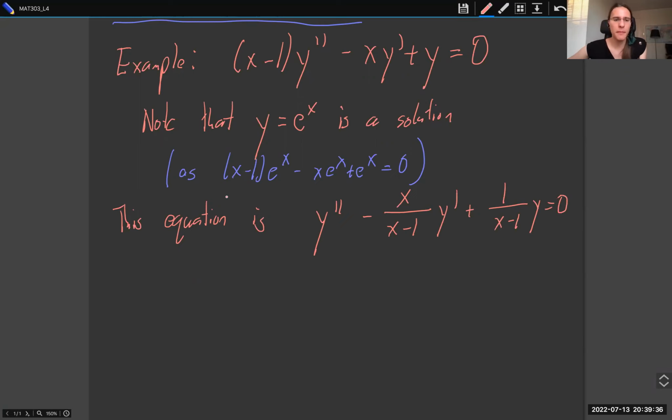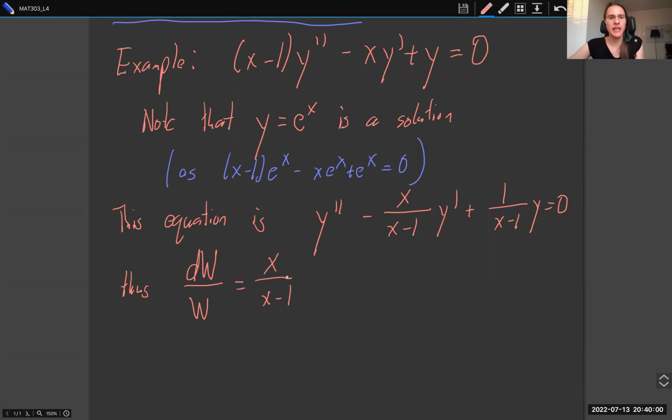Now, let's remember what the equation for the Wronskian is. The derivative of the Wronskian divided by the Wronskian is equal to negative f. And so negative f in this case is x over x minus 1.